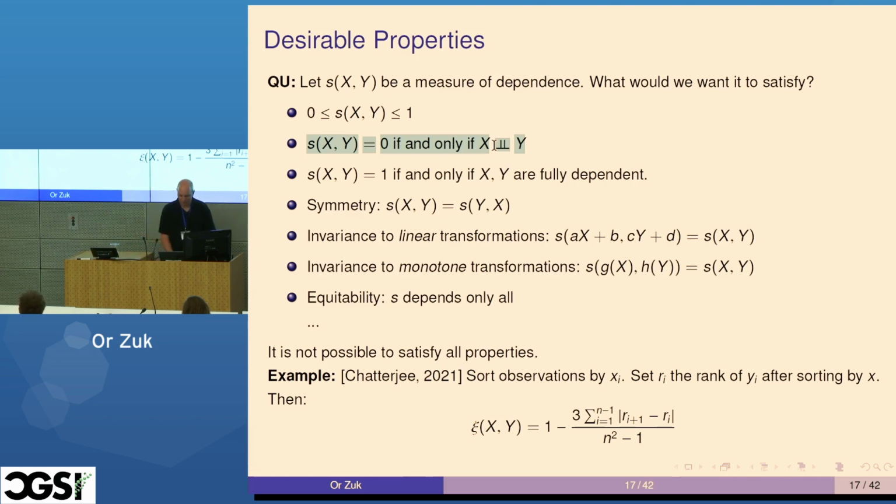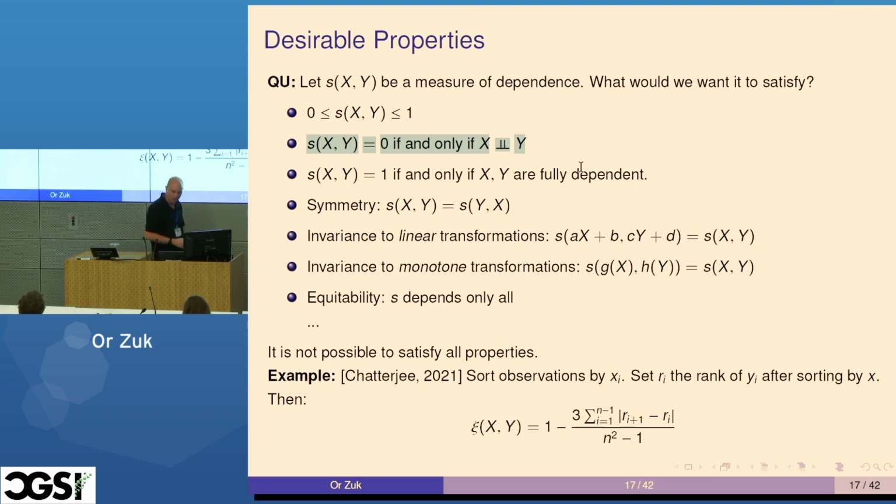And we want it to be 1 if and only if there is full dependence. Full dependence is a little bit tricky to define. You can think of it as x being a function of y or y being a function of x, but sometimes it's not symmetric. For example, if you have two lines like that, x is a certain number and y can be either x or minus x.